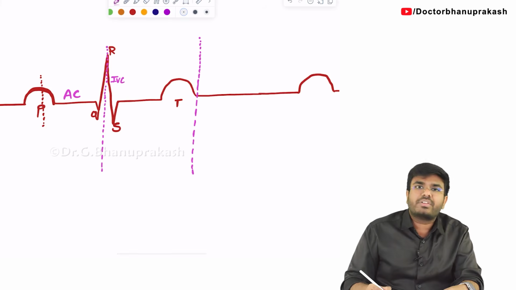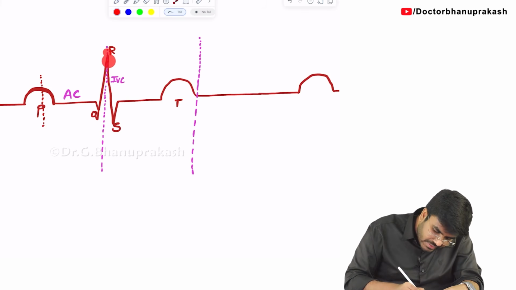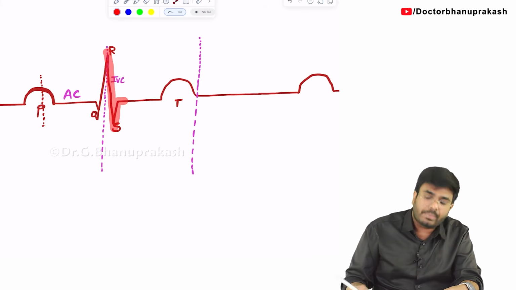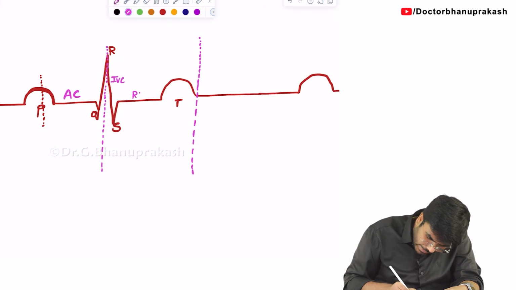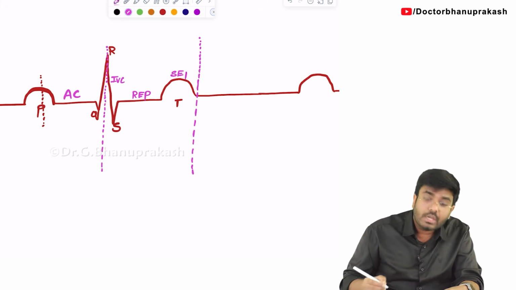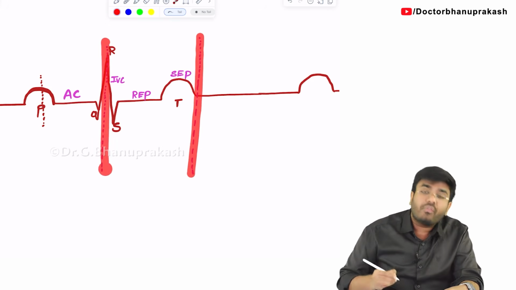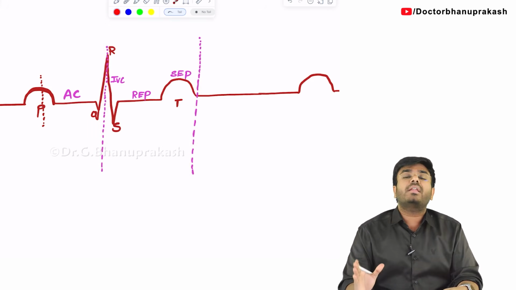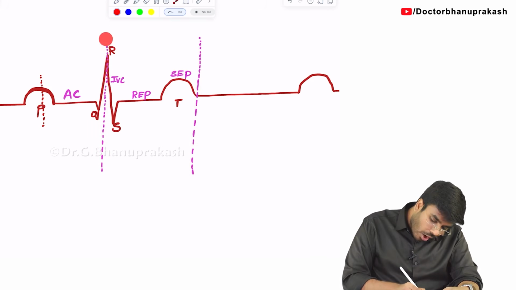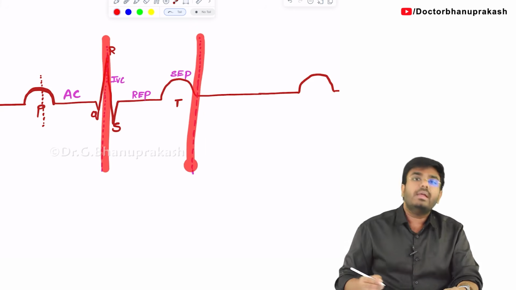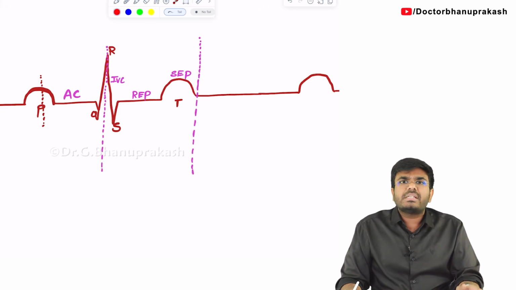First isovolumetric contraction happens. This is the area where isovolumetric contraction is happening. Then there will be the rapid ejection phase and slow ejection phase. Till the end of the T wave, ventricular contraction is completing. From today, whenever someone asks you, QRS means ventricular contraction?